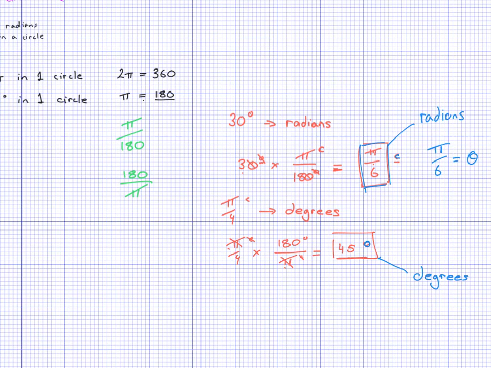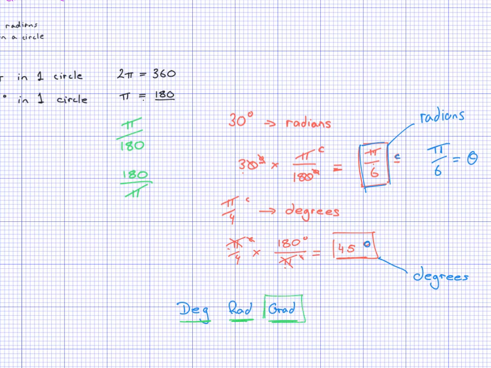So, on your Casio, at the bottom of your screen, you now know what the word deg, rad, or grad does. Okay, so deg is degrees, rad is radians, and grad we haven't touched upon.